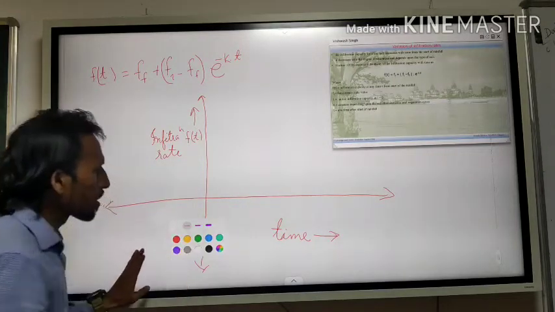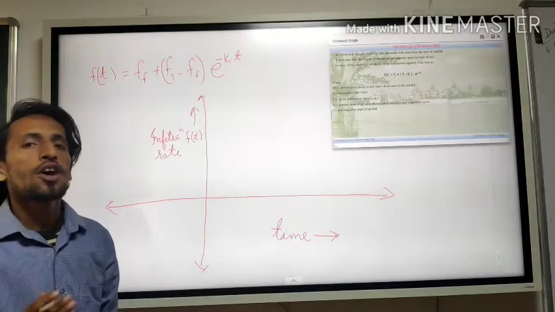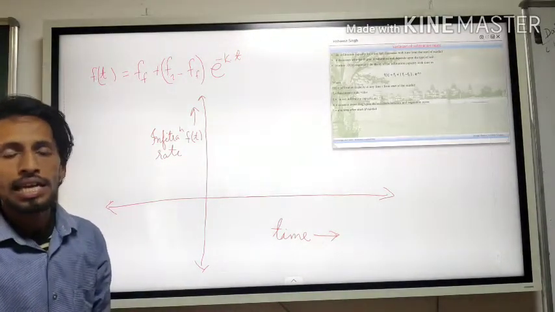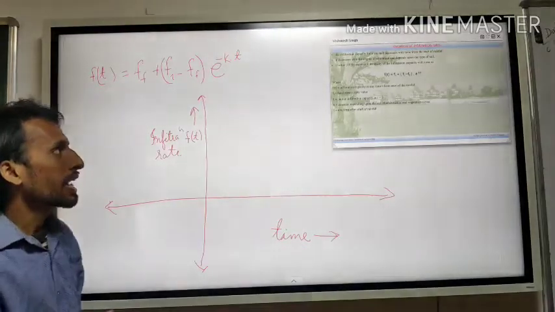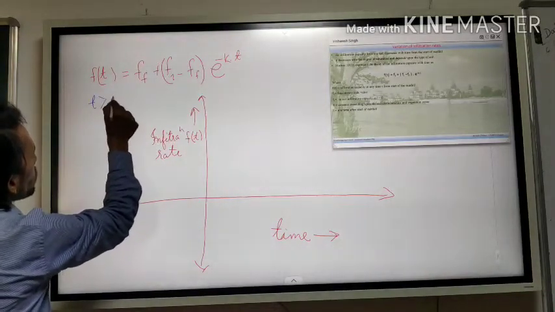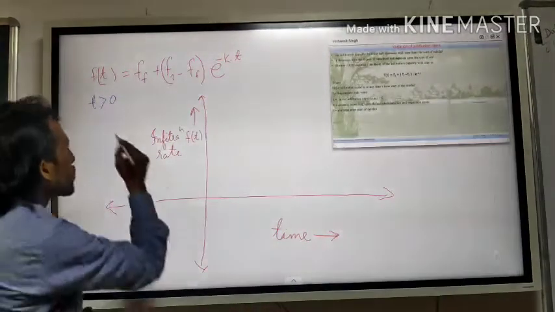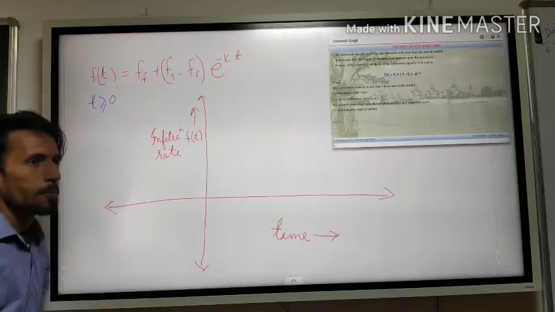Now if you realize the fact that time cannot be negative, that means time should always be positive, or it can be zero.